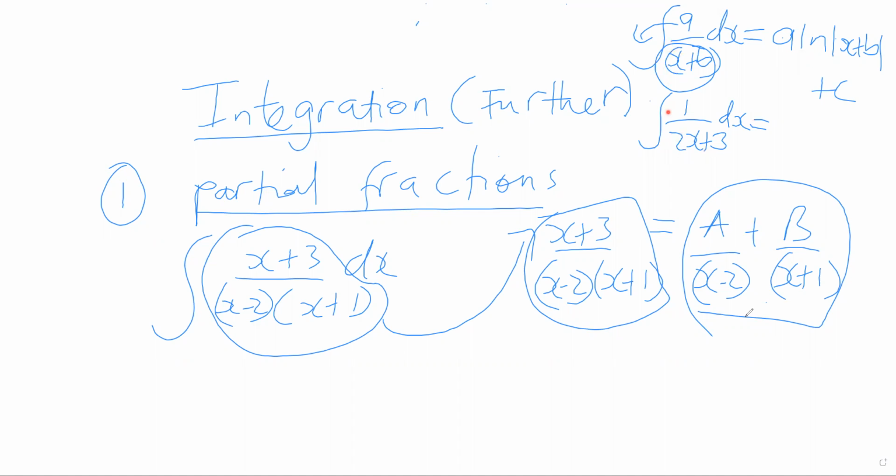So the general integral of functions of this form, the constant will be 1 over this constant here, and then we write ln of 2x plus 3.